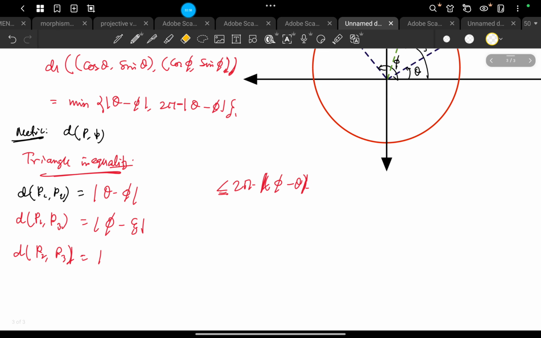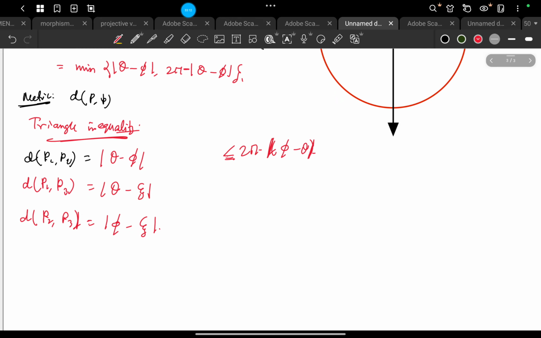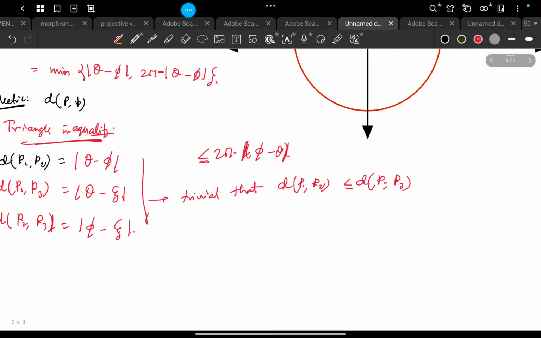Oh sorry, not phi, it should be theta, since it is p1 and p3. And d of p2 p3 should be phi minus xi. So now it is trivial that d of p1 p2 is less than or equal to d of p1 p3 plus d of p2 p3.